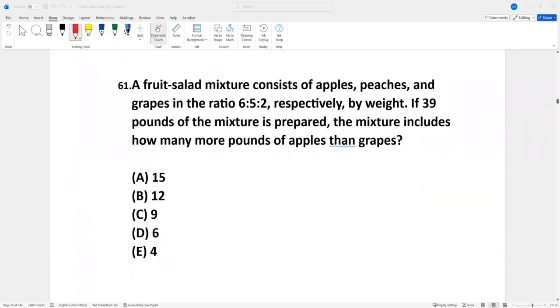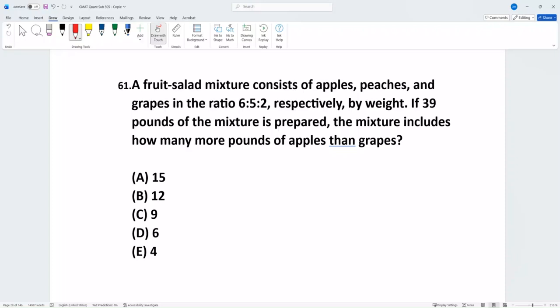Okay, question number 61. Question 61. So it says a fruit salad mixture consists of apples, peaches, and grapes in the ratio 6:5:2 respectively by weight. If 39 pounds of the mixture is prepared, the mixture includes how many more pounds of apples than grapes?